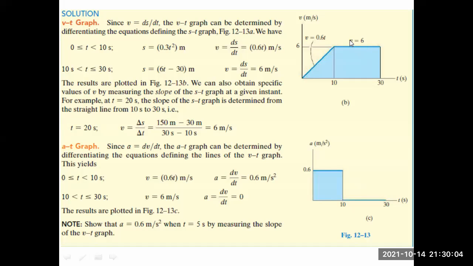That means the value is constant but equal to 0, so the acceleration is equal to 0. This axis is the acceleration. So from here to here, from time equal to 10 up to 30, the acceleration is 0. It's constant.